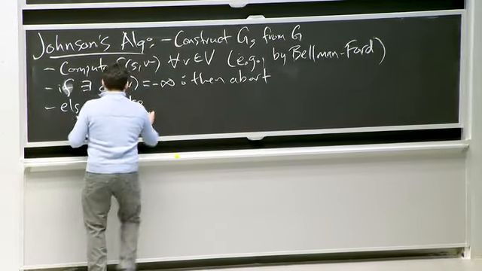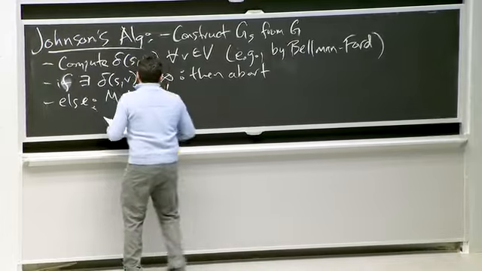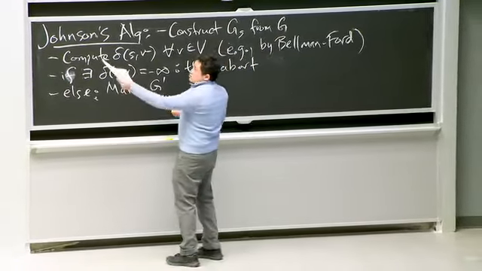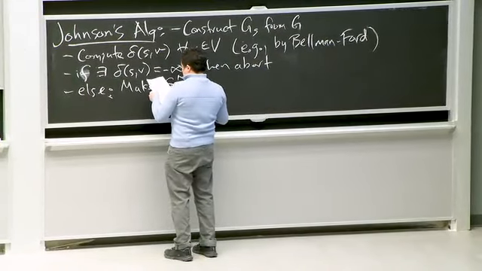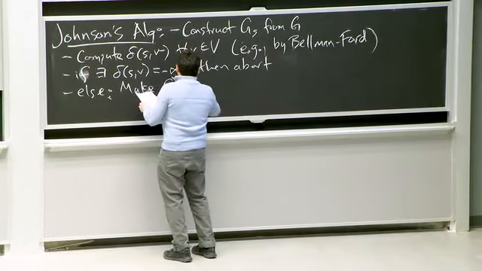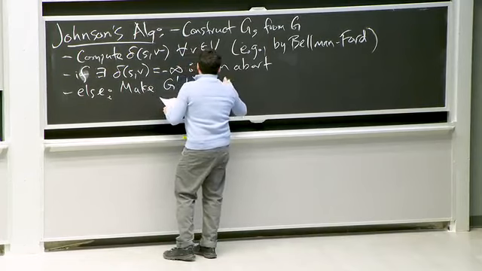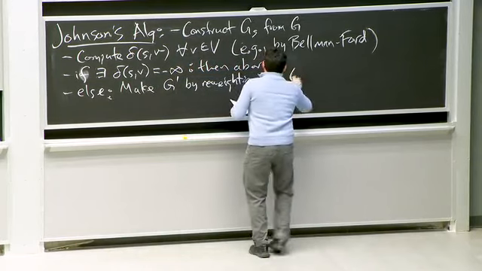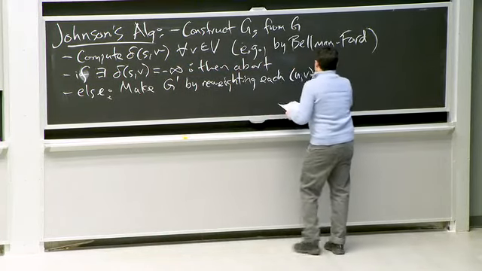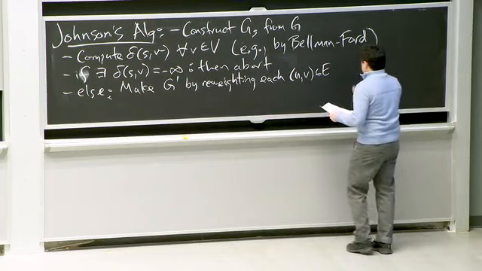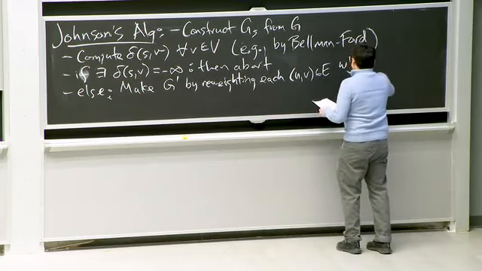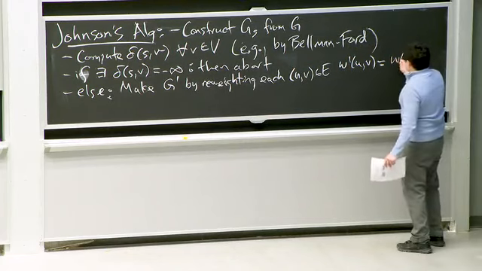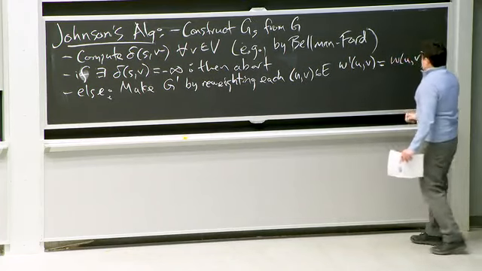Make we reweight the graph according to this reweighting scheme, right? By reweighting each edge in my original graph to have weight our new weight, which is our old weight, plus our transformation.